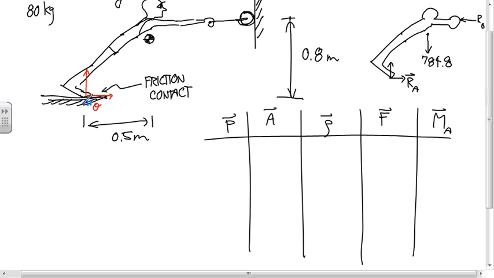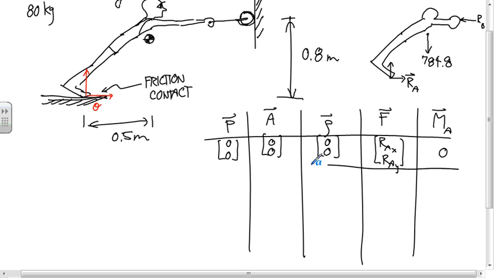So I'm going to put the about point at the origin. The force at the foot is acting at the origin, and the about point is the origin. So the row vector for RA is 0. The force vector is RA with 2 components. And since rho is 0, the cross product here is 0.